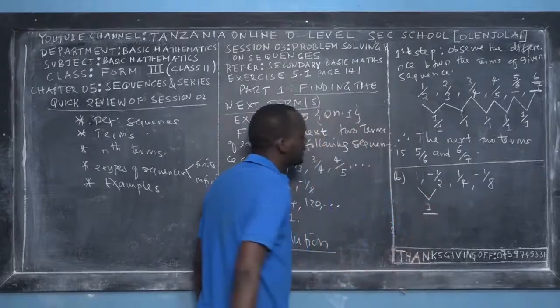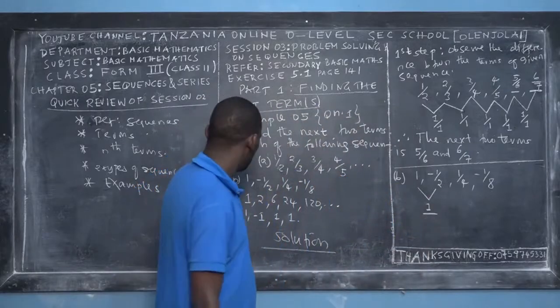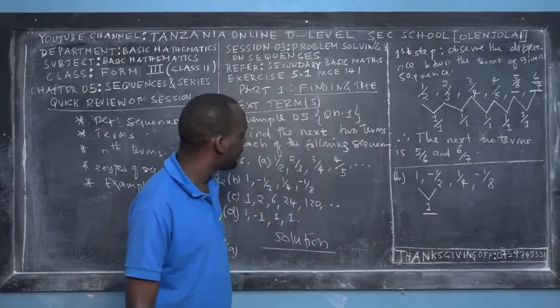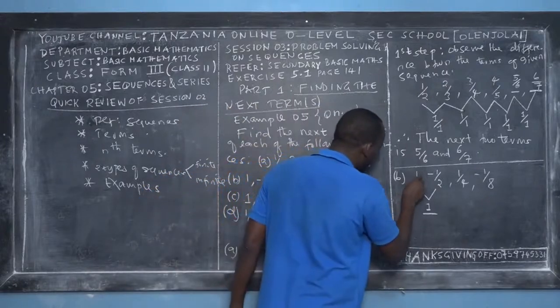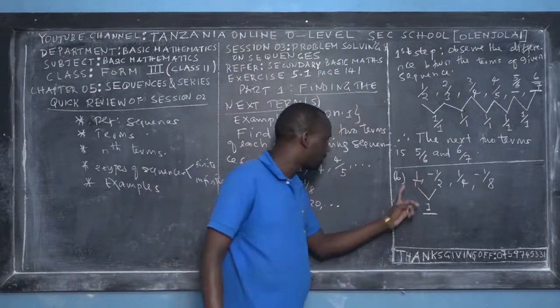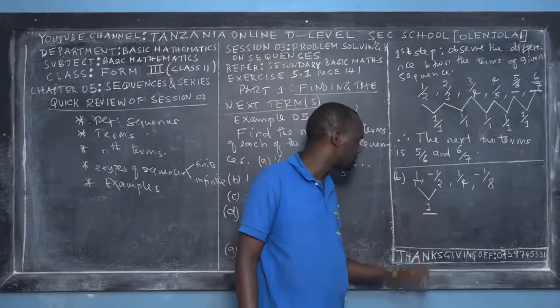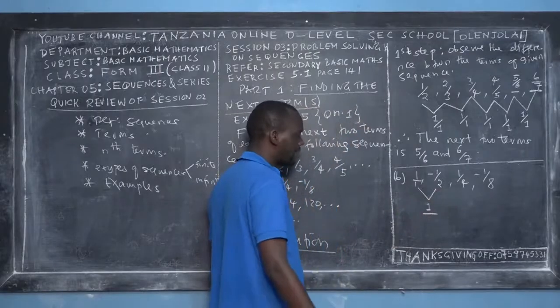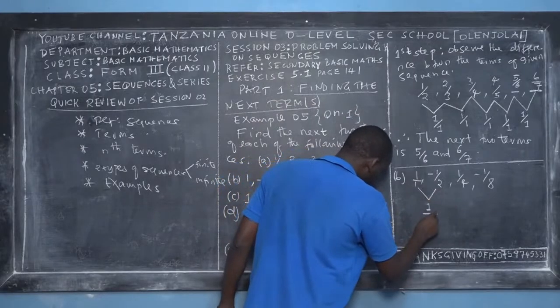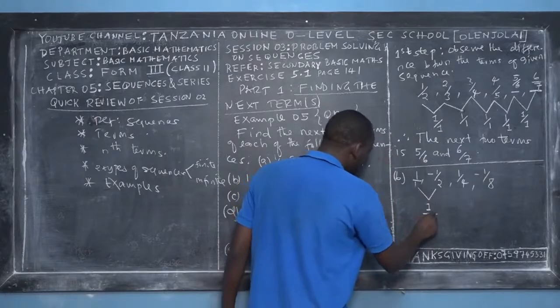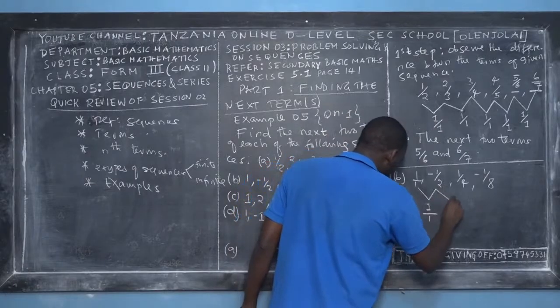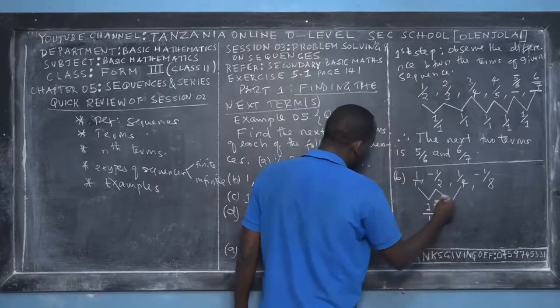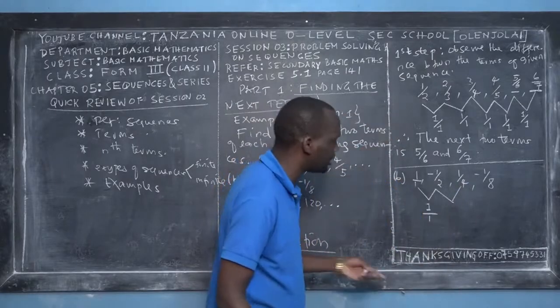Now let us examine the denominators. Suppose this is 1 over 1. The difference between this one and this one is 1.